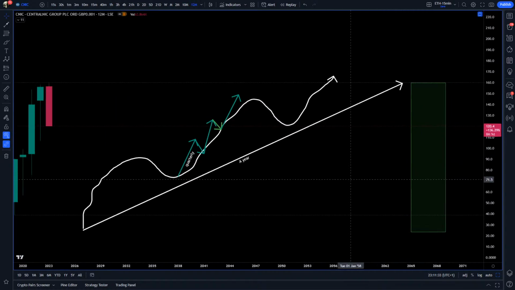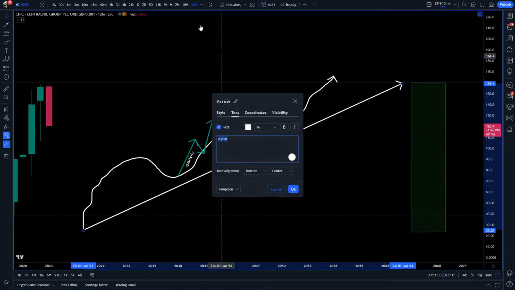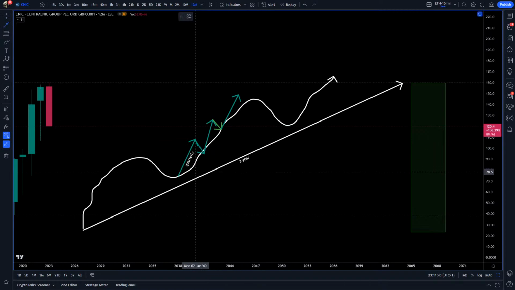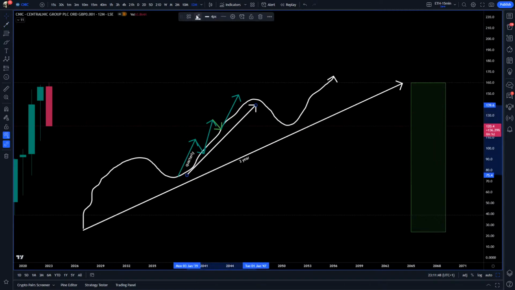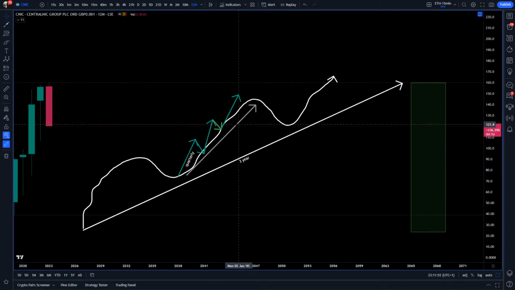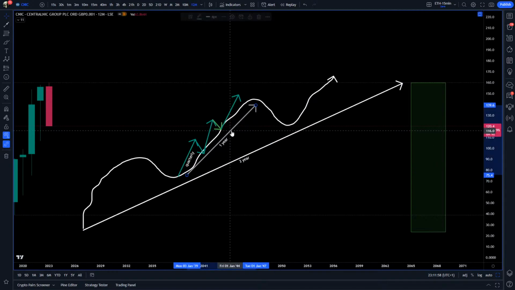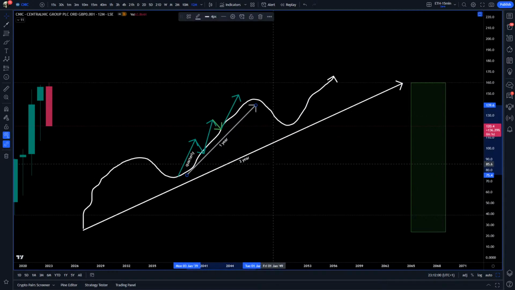So the market direction for the 3-year trend was going up, and the market direction for the 1 year was going up for this period of time.